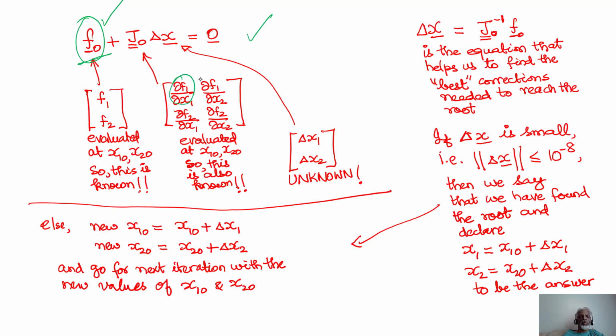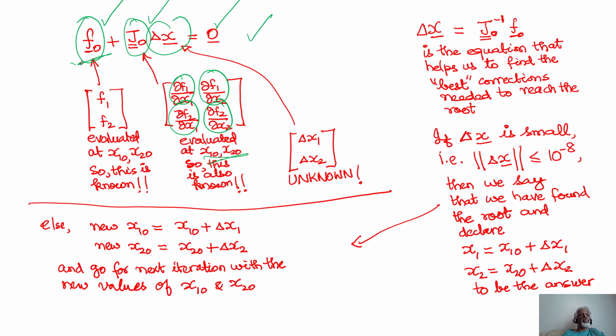Every element of the Jacobian matrix can be evaluated at the current values of x1, x2, x3, xn. So in this particular case, we are just considering x1 and x2. Therefore, this 2 by 2 matrix of the first order partial derivatives of f1 and f2 can be evaluated at the current guess values, which is x1 naught and x2 naught. So this matrix is a known matrix. The only unknown here is delta x. Therefore, it is easy to find the unknown vector.